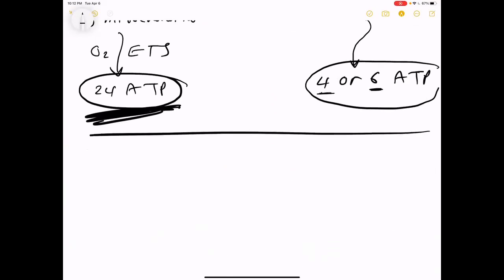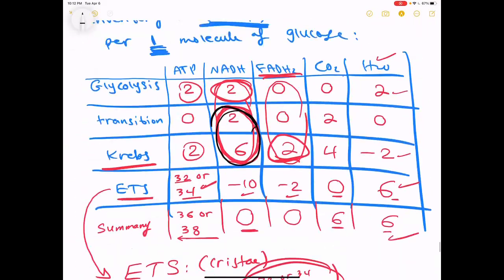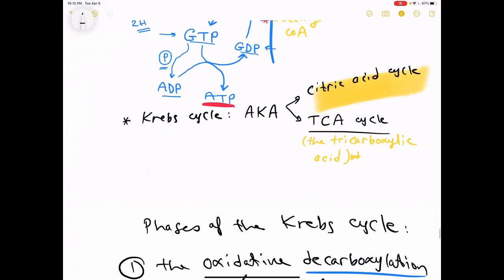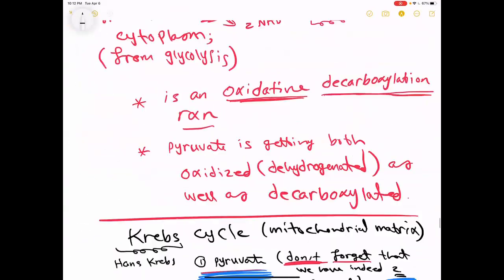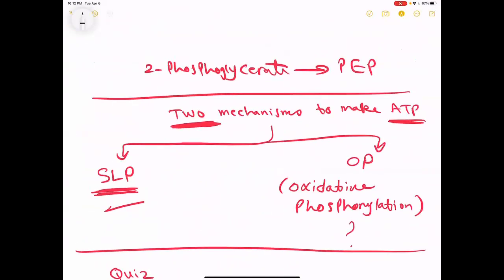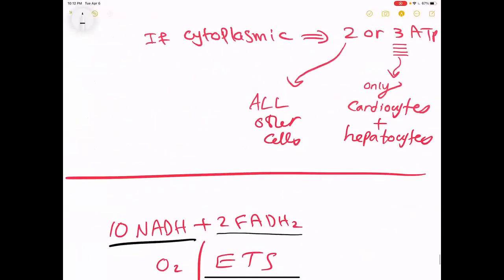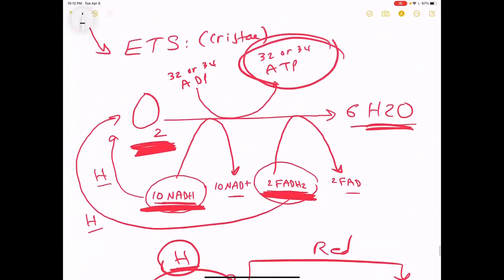Now, earlier I said there are 2 ways to make money. Remember, at the beginning of this video, I wrote it down: the substrate level and oxidative phosphorylation. Now, this is oxidative phosphorylation. Going to the summary here, you are staring at oxidative phosphorylation.